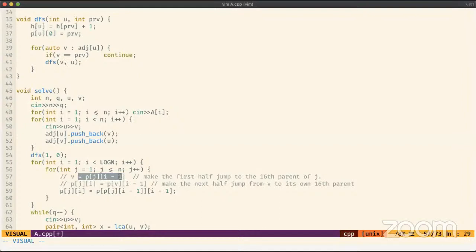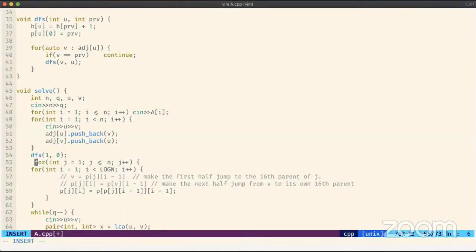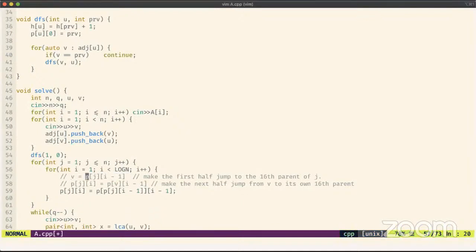Now, had you switched the order of these two loops on lines 55, 56, the issue would be that you might not know this value v, P[v][i-1]. Let's assume that we had switched these loops. Notice when you're referring to this value, you'll calculate this value correctly.